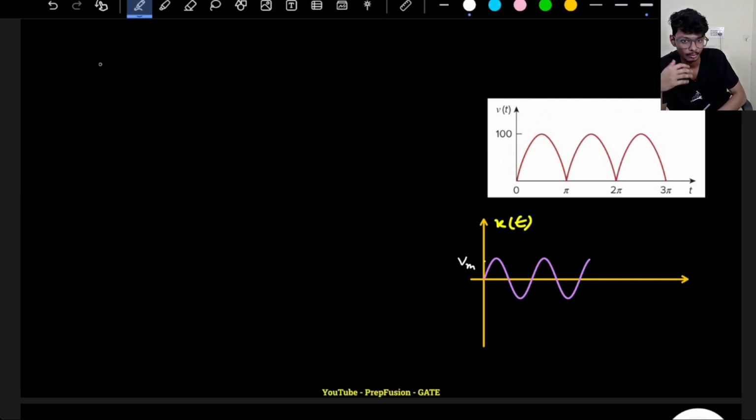Mathematically, I can prove it. What is RMS? RMS is root mean square. So first I will square the waveform. So my RMS value is XRMS, or IRMS in this case.